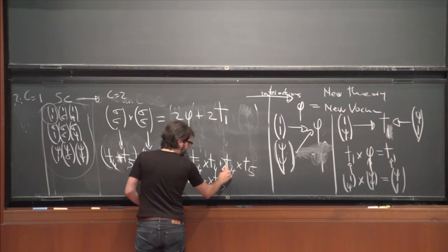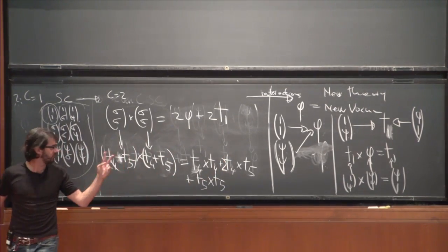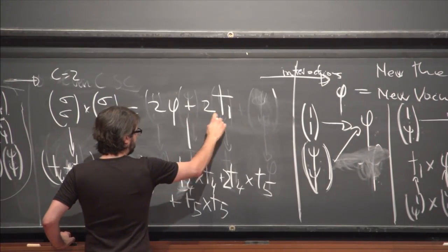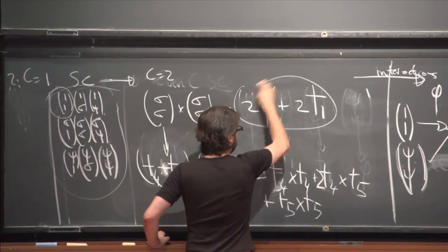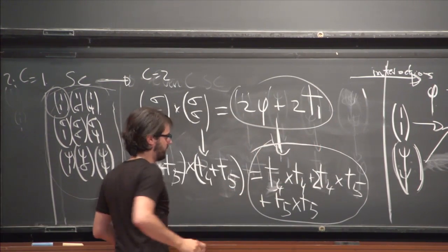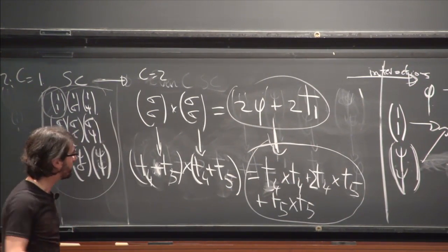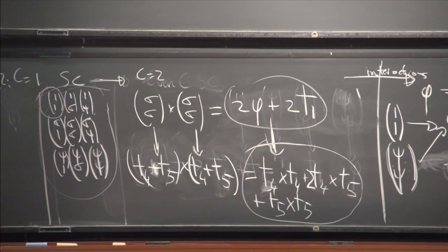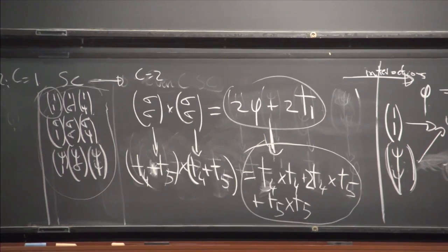And there's a factor of 2 here because I'm assuming that fusion is commutative, okay? So now I have an identity between this side of the equation and this side of the equation, and I have to choose what I'm going to equate.